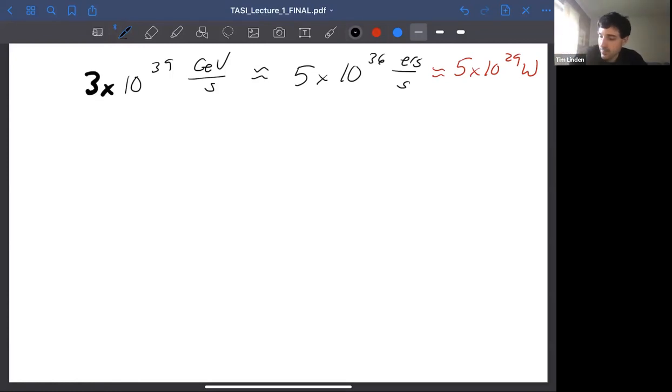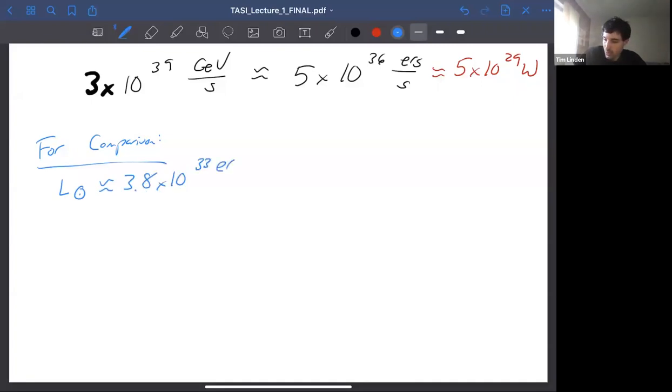For comparison, and the moral of the end of this talk, the luminosity of the sun, L sun, is around 3.8 times 10 to the 33 erg per second. That's how astronomers usually quote it.